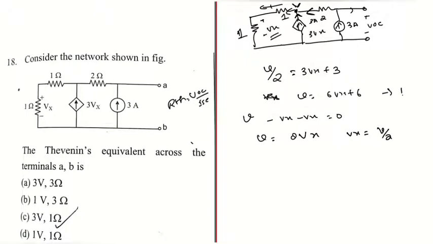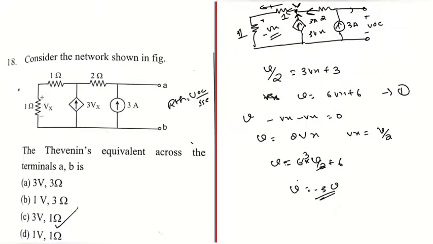I am going to substitute that in this equation. So it will be V equal to 6 into V divided by 2 plus 6. So I get V equal to minus 3 volt. Okay.